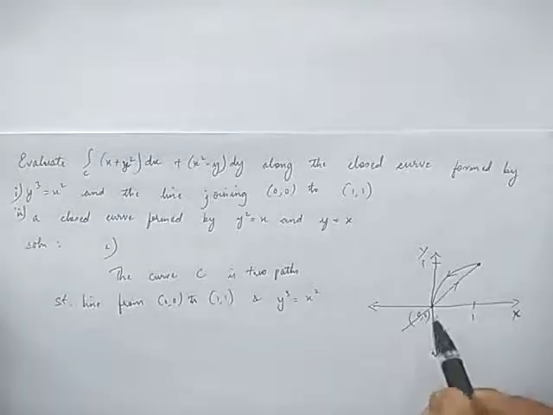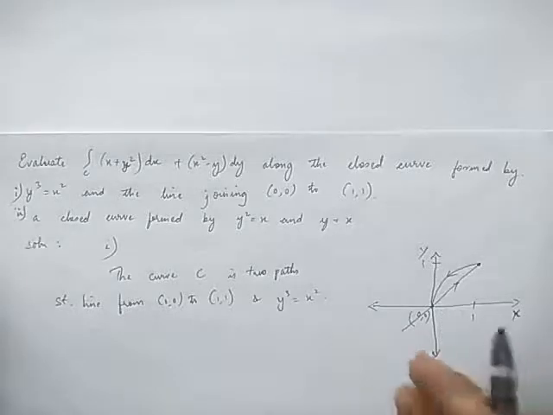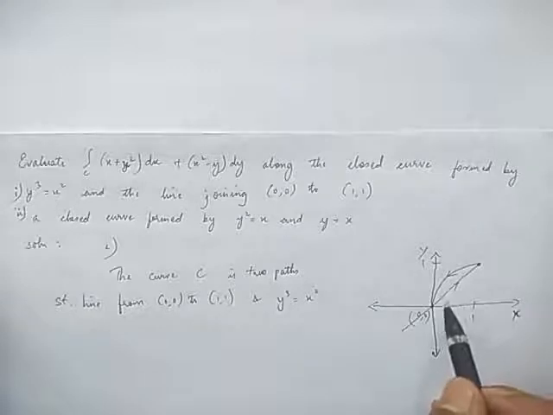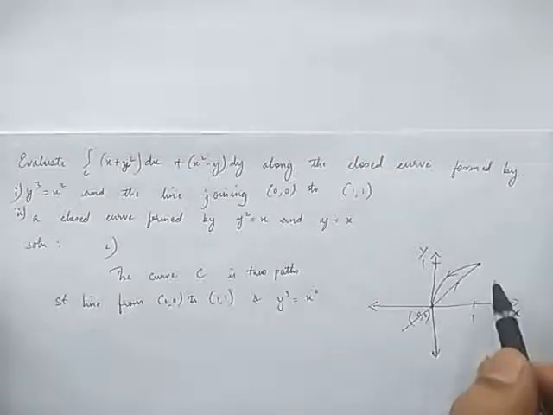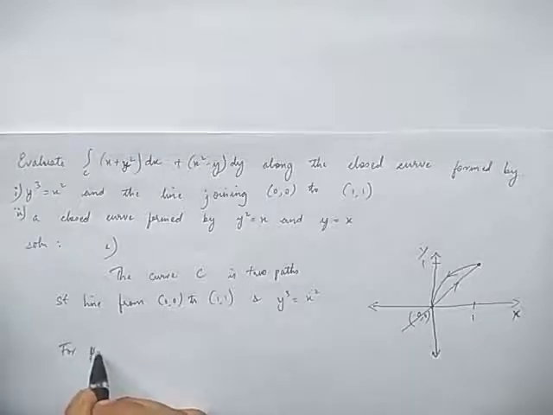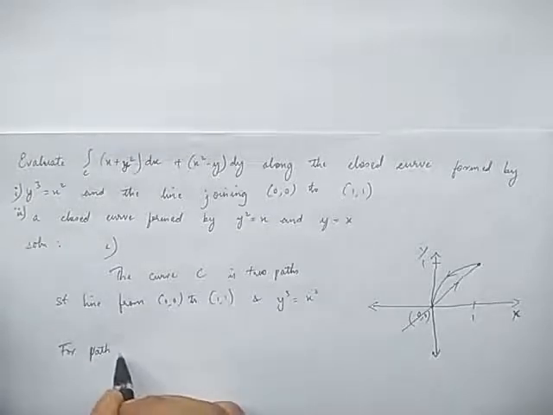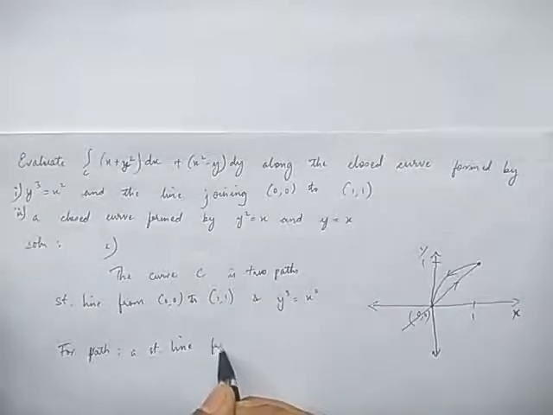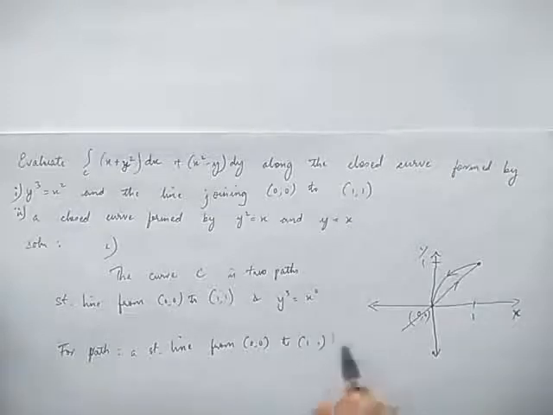In the previous videos I talked about how to find the equation of a straight line passing through 2 points, so we can use that for the straight line from 0, 0 to 1, 1.